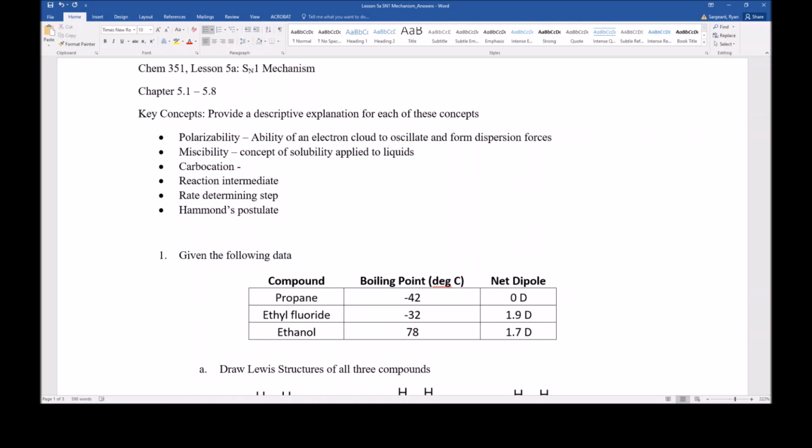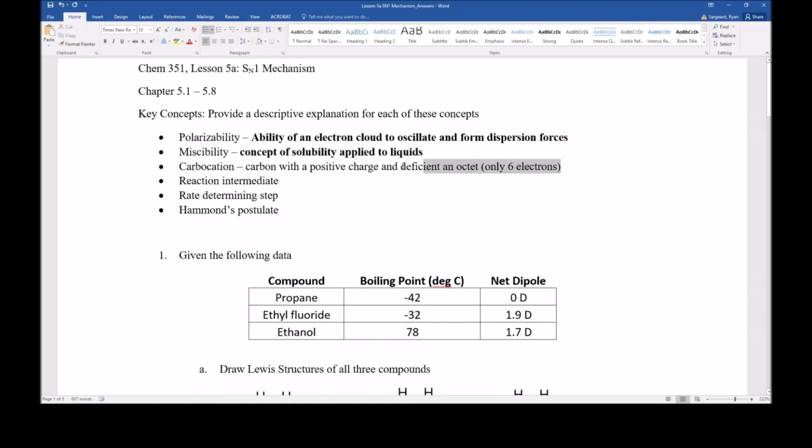A carbocation is a carbon with a positive charge and deficient in an octet. Only 6 electrons. And we're going to deal with carbocations repeatedly. They are a useful intermediate in an organic chemical reaction.